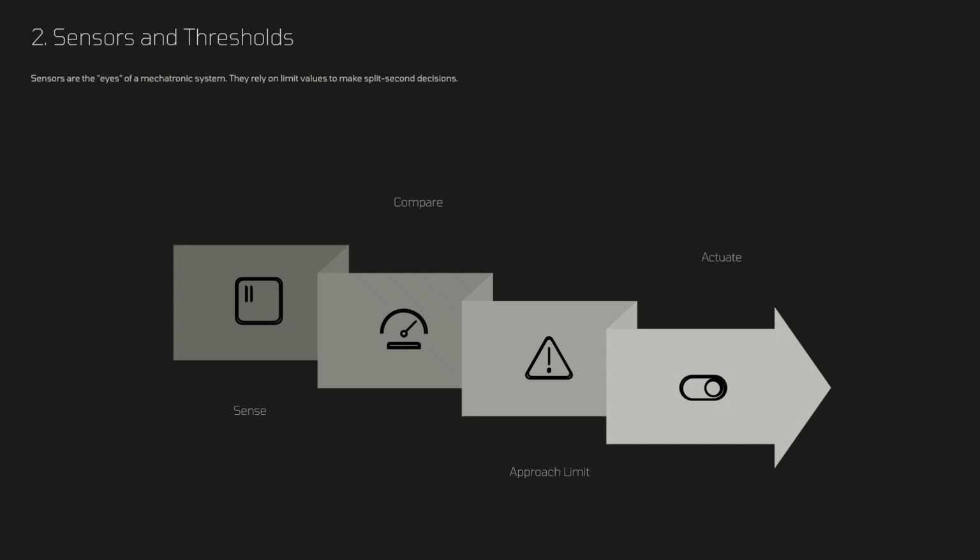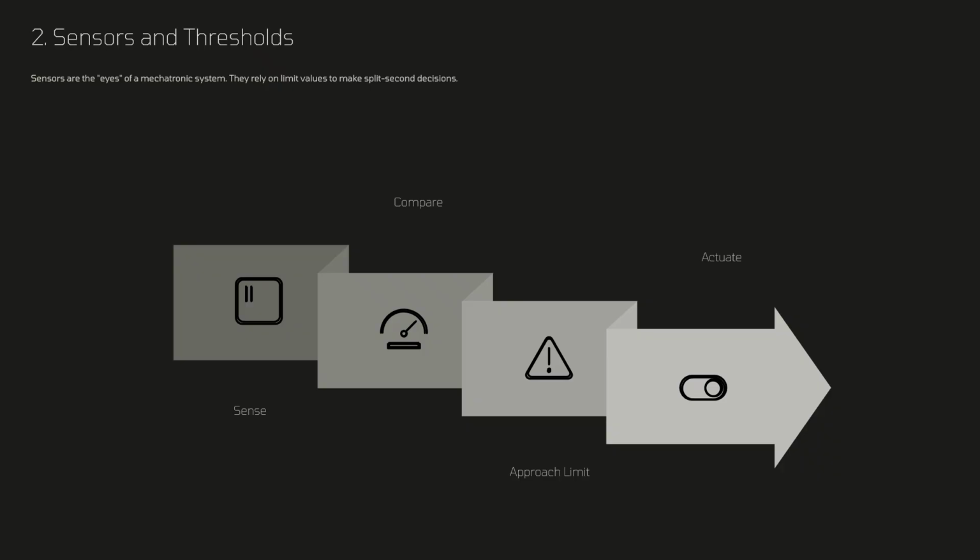Then, at the second step, compare: the measured value is compared with a limit, for example the distance is less than 10 centimeters or the temperature is higher than 70 degrees Celsius. In easy words, the sensor value is compared with the limit.